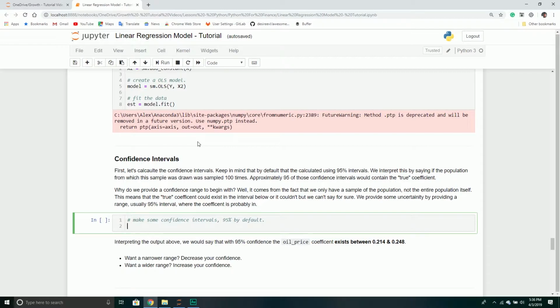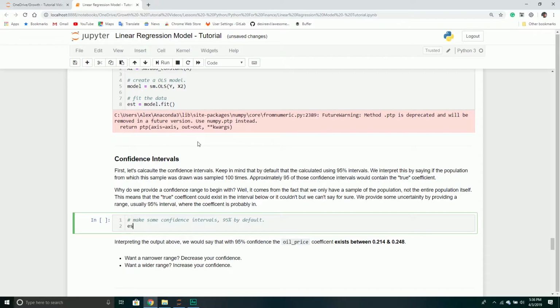Because we're not taking the entire population itself, we can't say with 100% certainty that the true coefficient exists in the interval that we're going to define below. It could exist in there or it couldn't, but we can't say for certain. So we use these intervals to say, with 95% confidence, the true coefficient exists somewhere in this particular range.